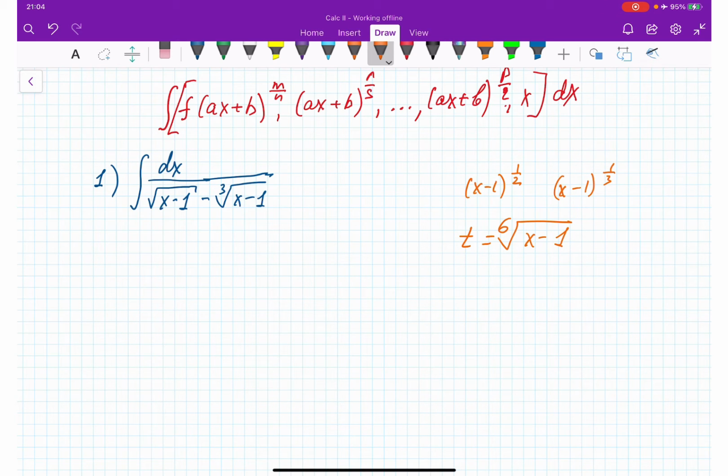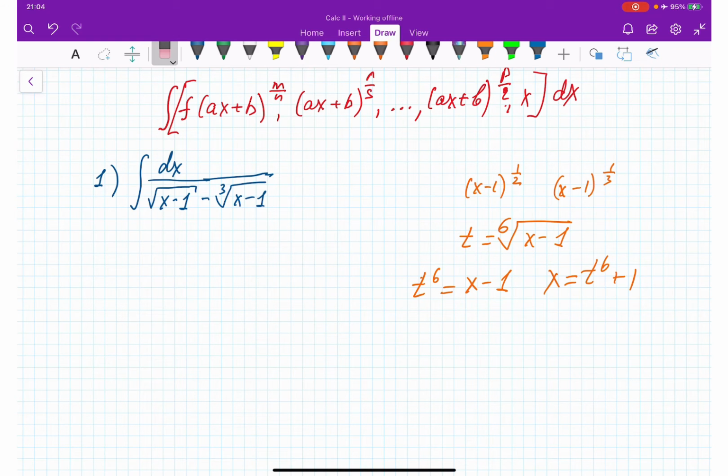Now I will also need to cover dx. So to get x clean from under the radical of degree 6, I'm raising to power 6. t to power 6 is equal to x minus 1, right? And from here, x is equal to t to power 6 plus 1.